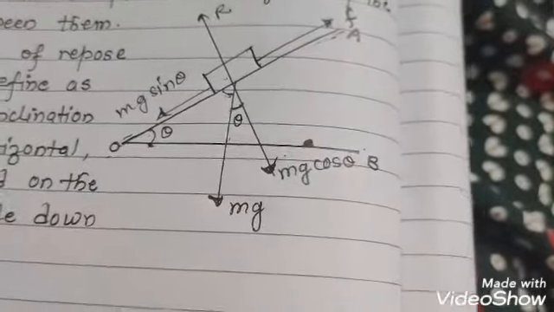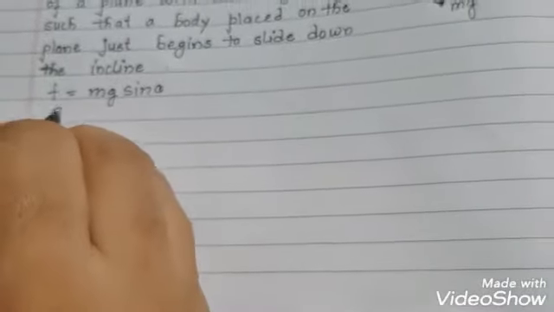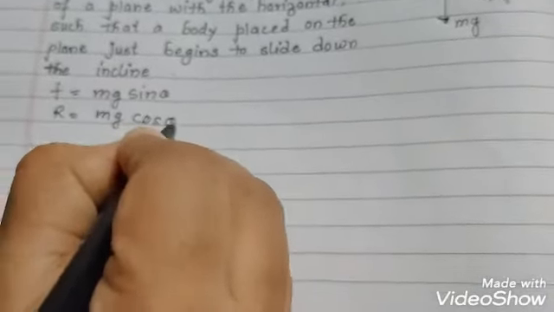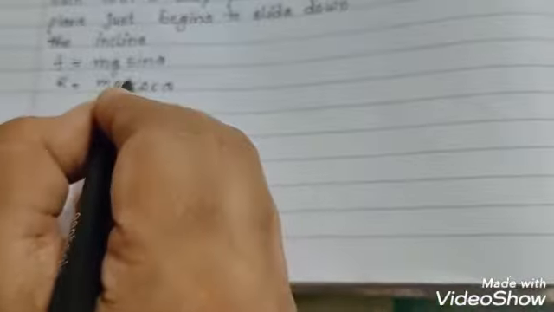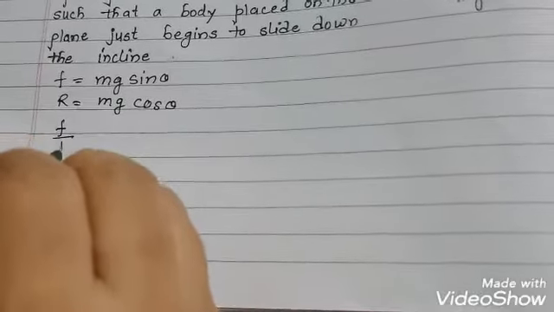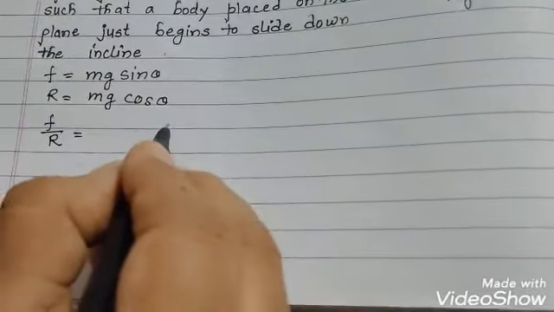So we will write here F is equal to mg sin theta, and R is equal to mg cos theta. Now you will see F upon R. That means we'll take the ratio of these two equations which we have written here.